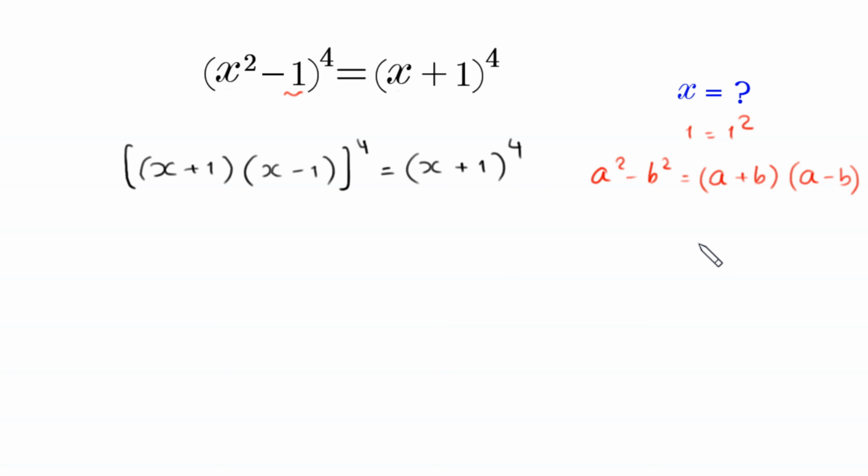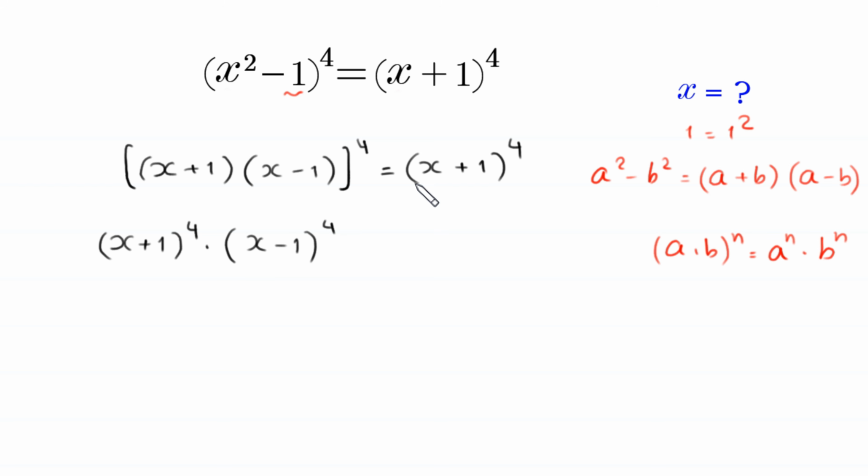Now by using this power rule, a times b whole to the power n is equal to a to the power n times b to the power n, this power 4 will become the power of this x plus 1 and this x minus 1, like this: x plus 1 whole to the power 4 times x minus 1 whole to the power 4.